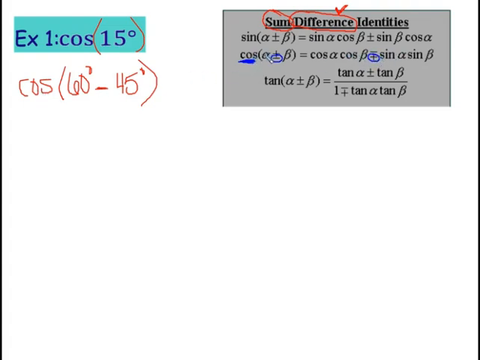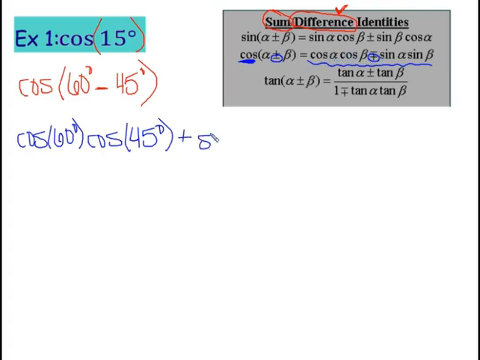So cosine of one angle minus another angle will be broken down in this fashion. We take the cosine of the first angle, which in our example was 60, and multiply that by the cosine of the second angle, beta, which in this case was 45 degrees. So cosine of the first times cosine of the second, and we're going to add sine of the first angle, which was 60, times sine of the second angle, 45.